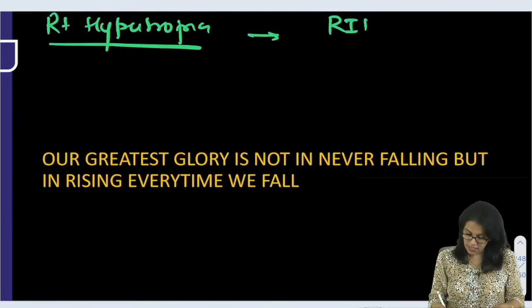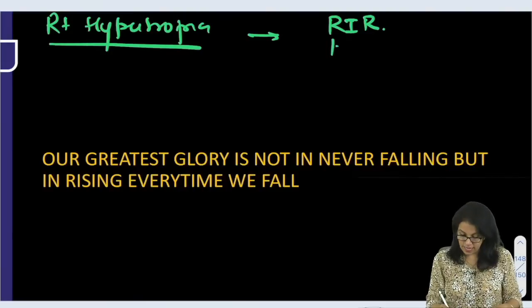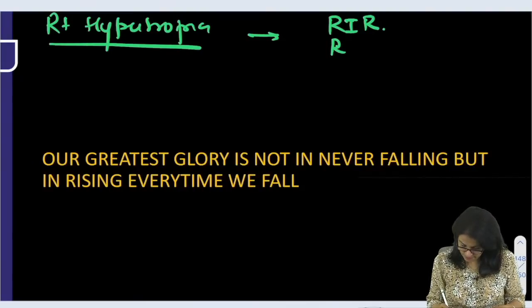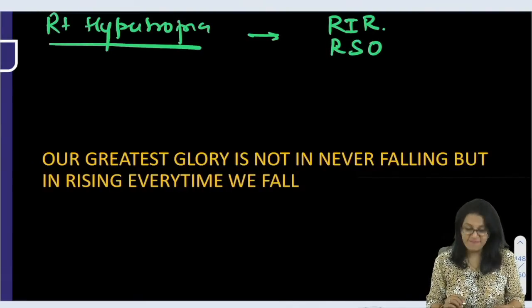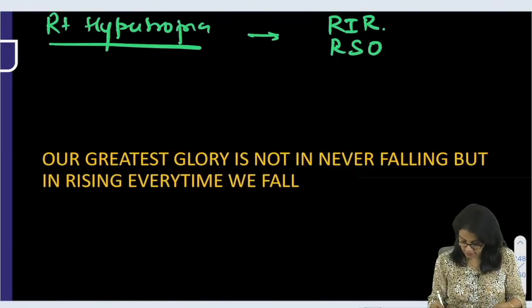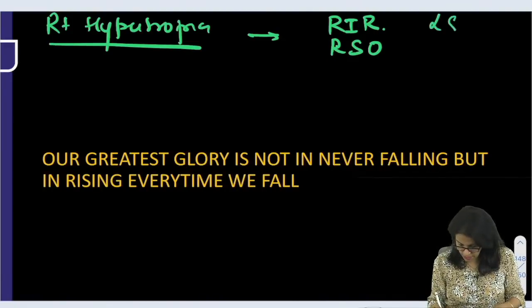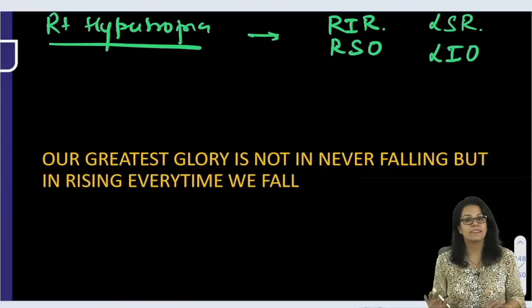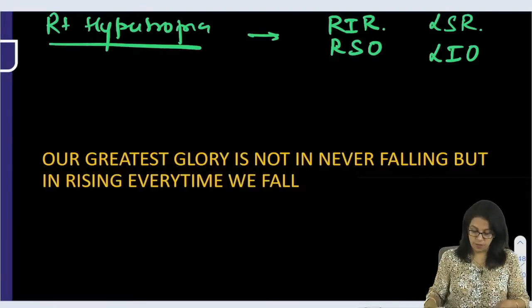Right inferior rectus, or what is the other depressor? Is right superior oblique. यही है ना? Or it could be left eye elevator. What are the left eye elevators? Left superior rectus or left inferior oblique. हो गया?